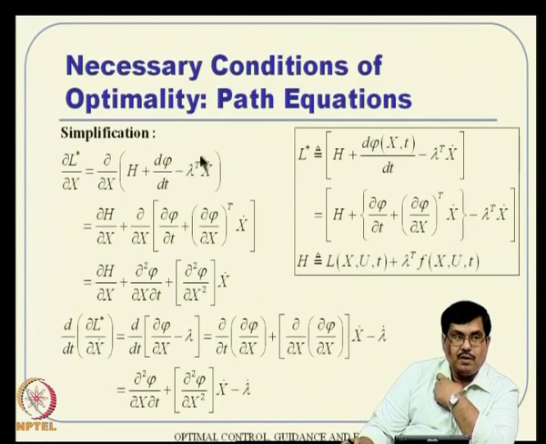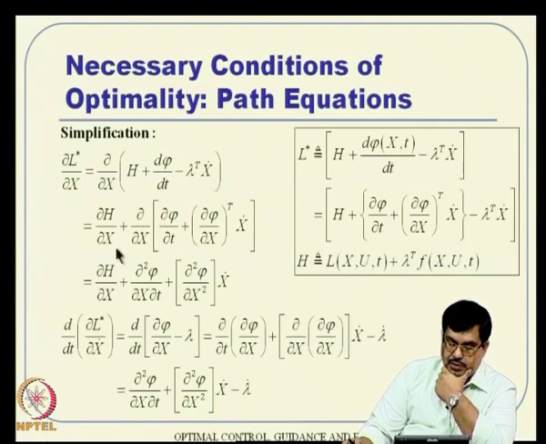So, the partial derivative of that with respect to x is 0. So, we left it like that. Then this is del H by del x plus this quantity del square phi by del x del t plus this quantity del square phi by del x square into x dot. This is double derivative sort of thing.